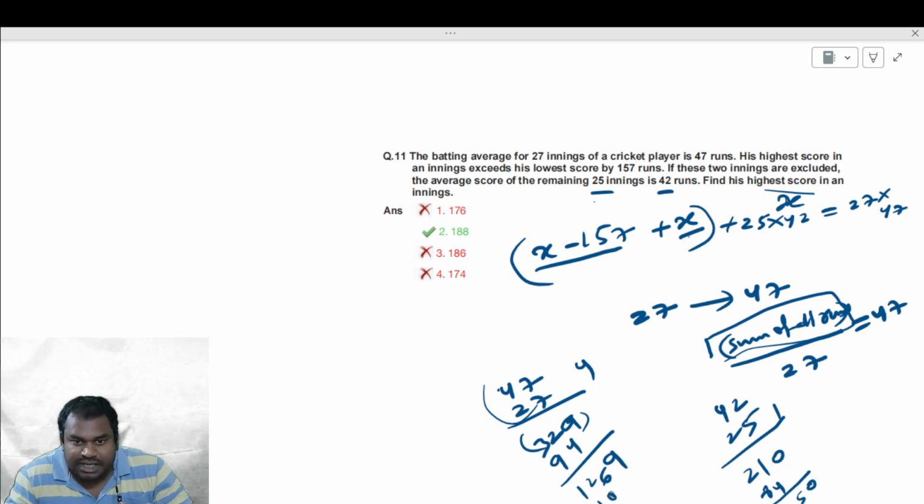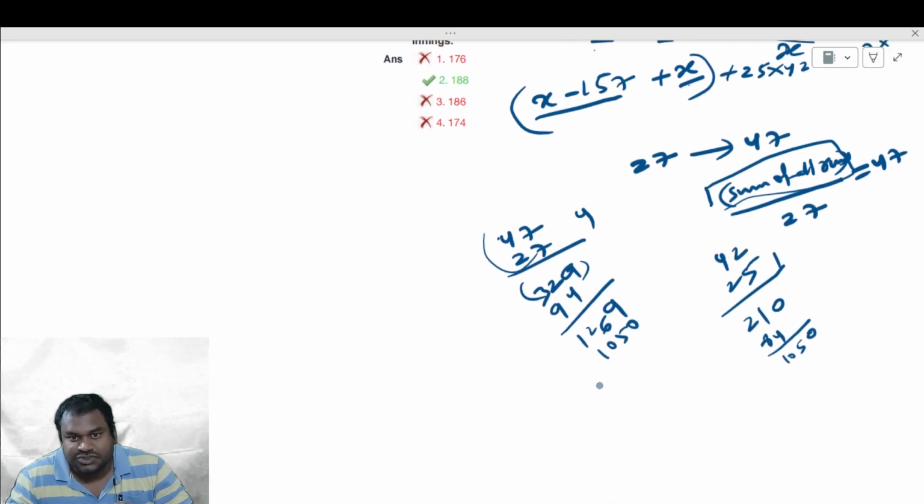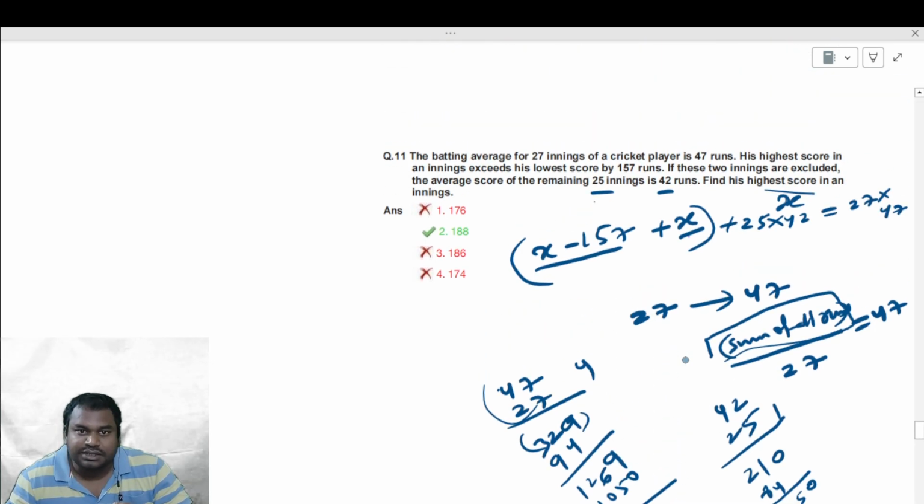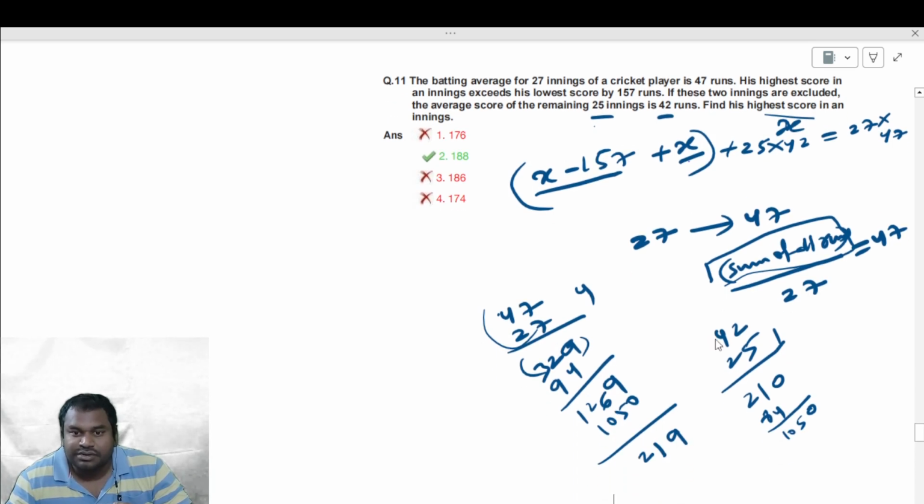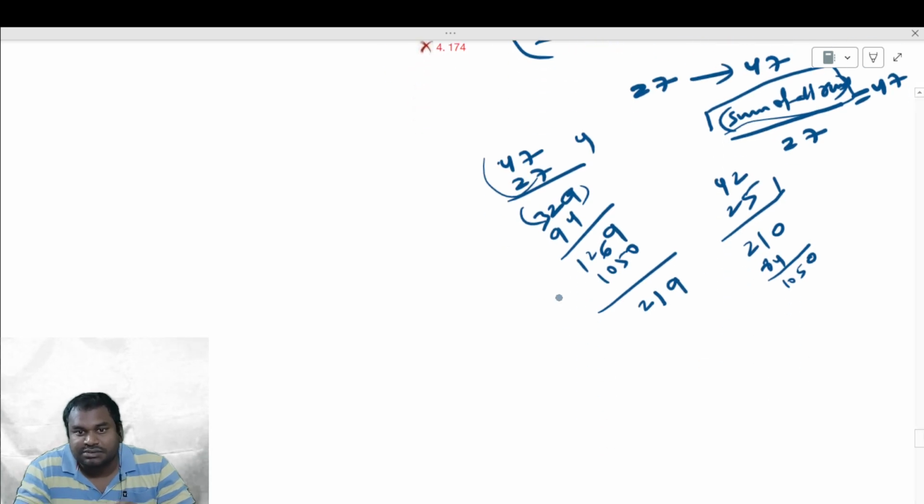So subtract 1050 from 1269. 219. This 219 is nothing but x minus 157 plus x.